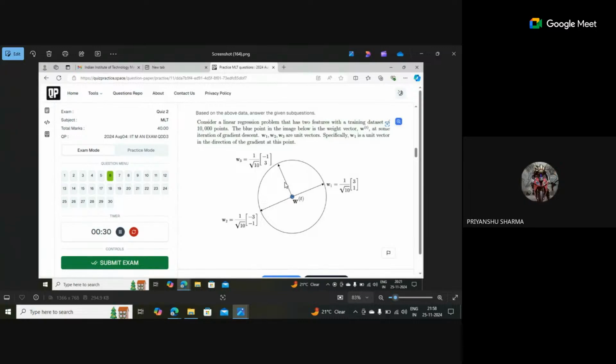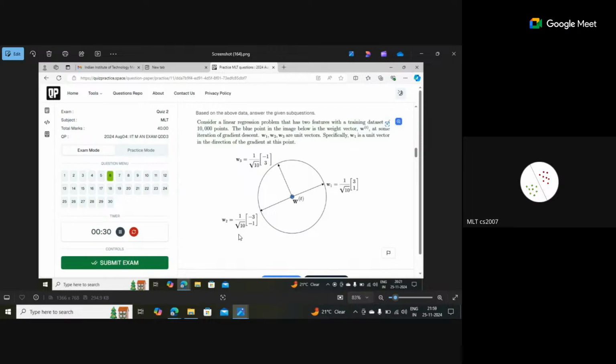W1, because it's talking about the descent, would be just opposite to this, which is W2, and therefore it will be 2. If you recall from maths, we had gradient descent and ascent. This is gradient descent, that's why it is always opposite to this unit vector.